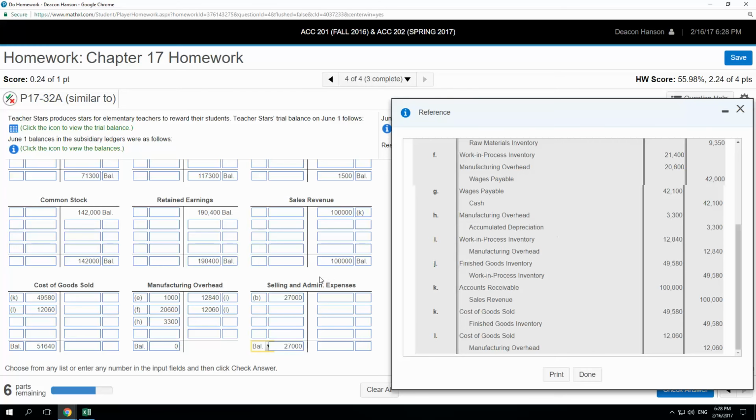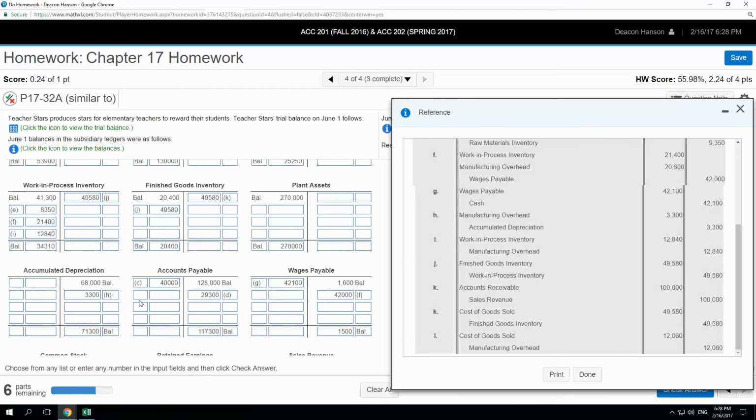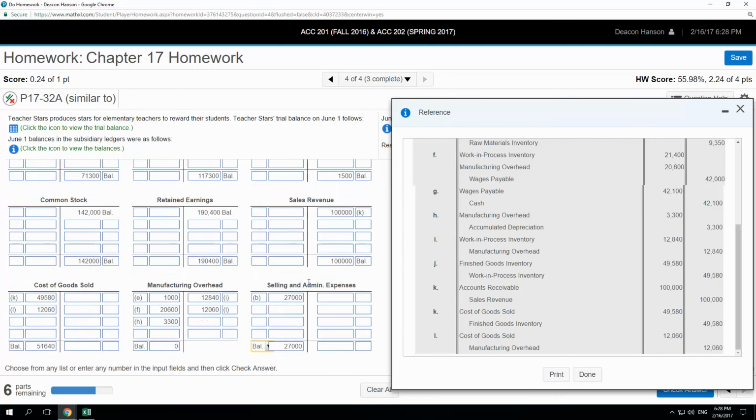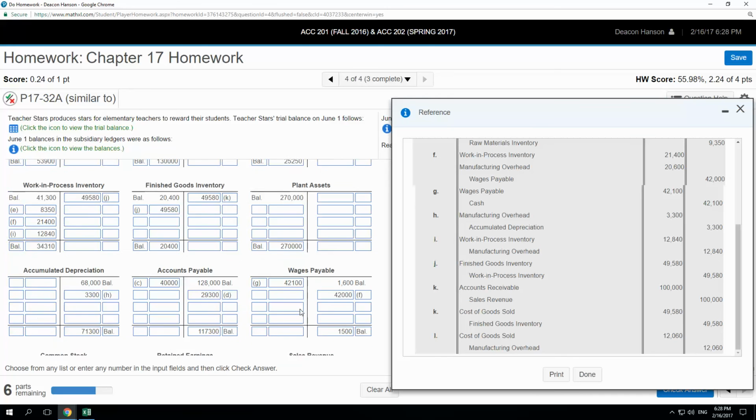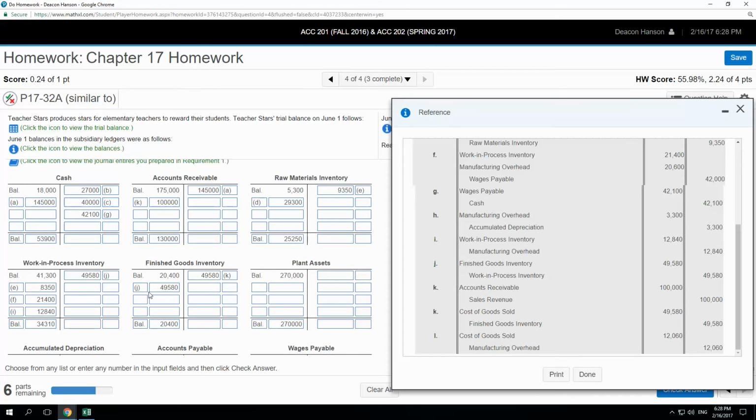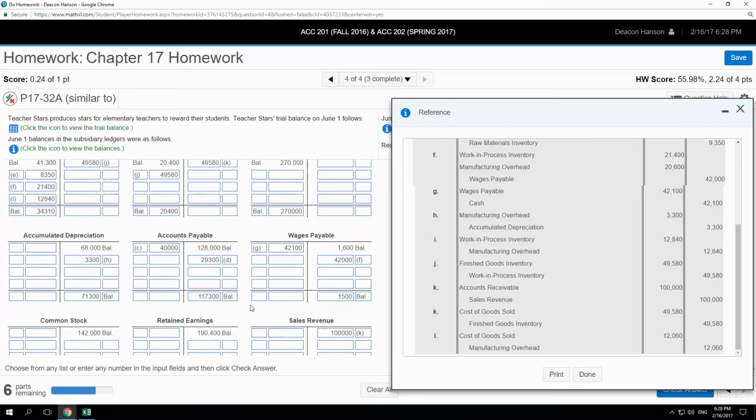Accumulated depreciation 3,300. H, okay. I, work in process 12,840. And manufacturing overhead 12,840 credit. I, okay. Finished goods 49,580. J, work in process 49,580.